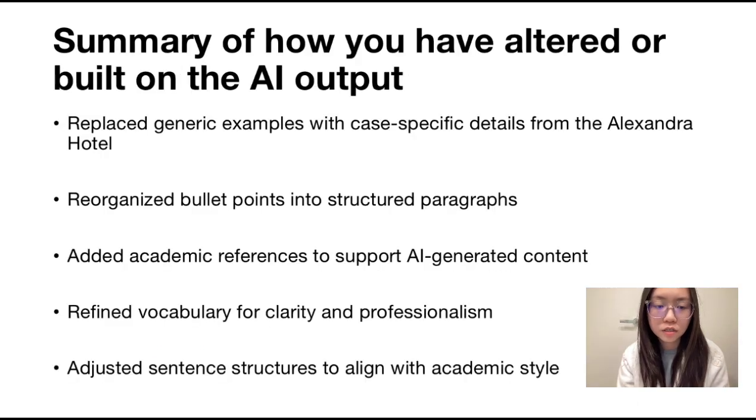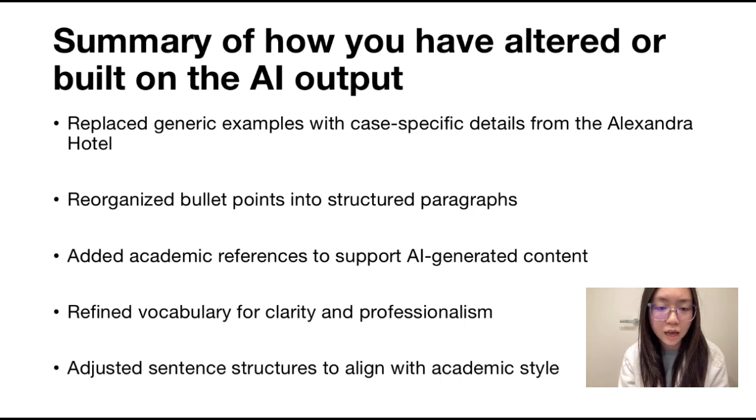I used Copilot to generate an initial draft, but I made several key adjustments. I replaced general examples with specific details from the Alexander Hotel to make the content more relevant. I also reorganized Copilot's bullet points into structured paragraphs, which helps improve the flow of the report.